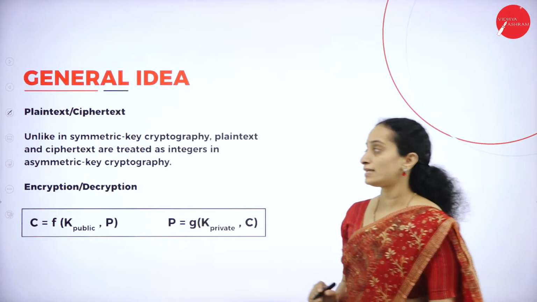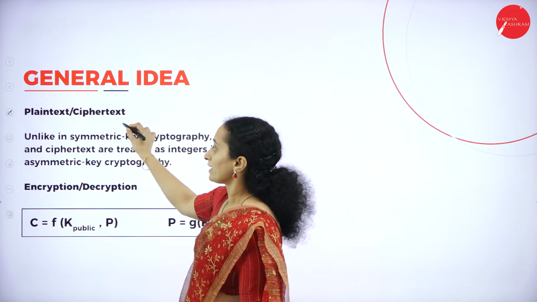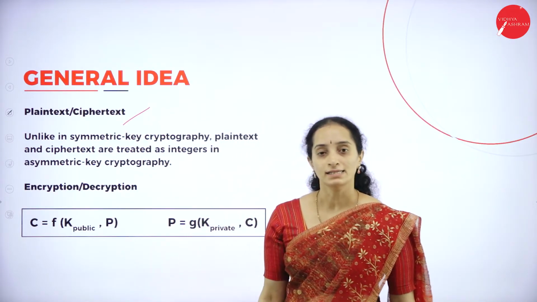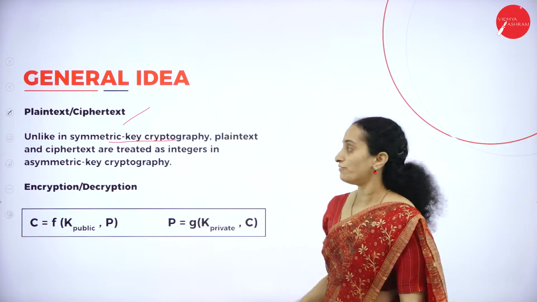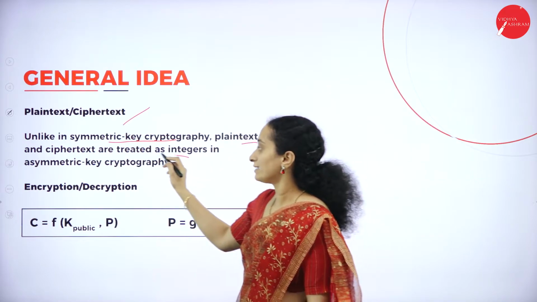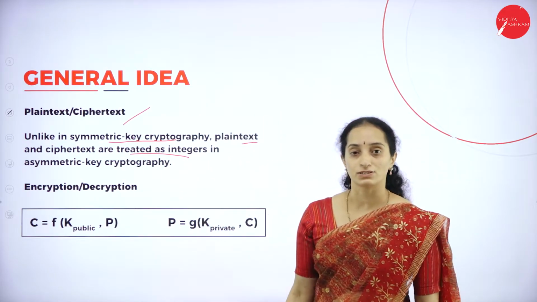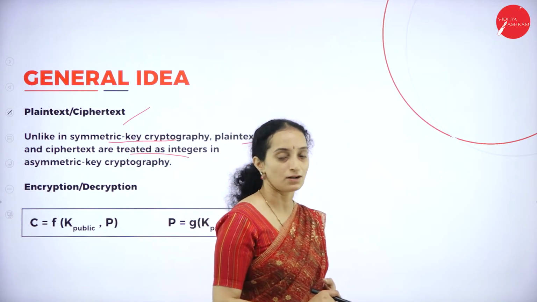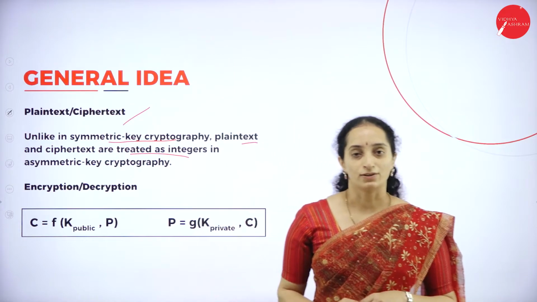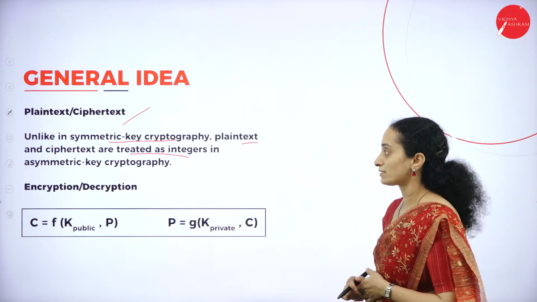Okay. What is the general idea is, we use again the plain text and the ciphertext. Unlike in symmetric key cryptography, here the plain text and the ciphertext are treated as integers. In symmetric key cryptography, we use the alphabets, isn't it? Alphabetic representation, or sometimes for calculation purpose, numeric values are considered.